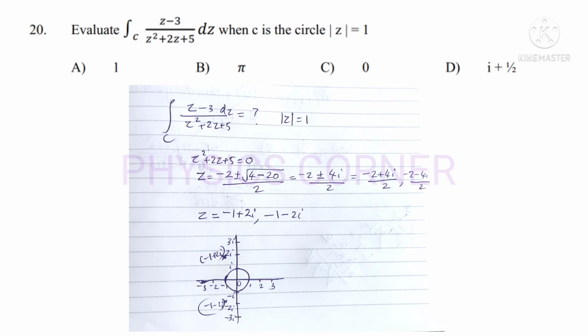So by using Cauchy's integral theorem, we can say that the value of this integral is 0, because inside the given area, that's inside the circle with radius 1, the function is analytic. That's why the value of this integral becomes 0. Okay, so option C.